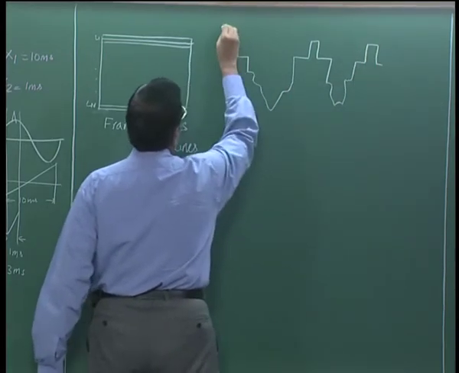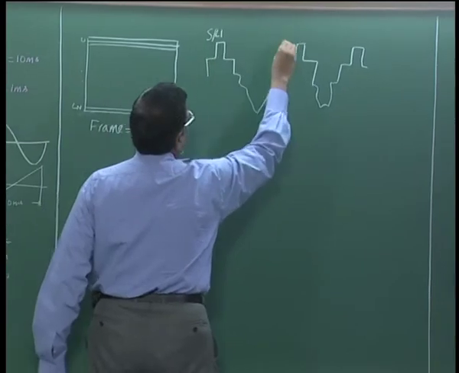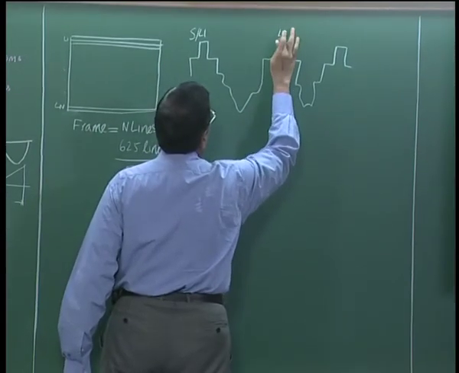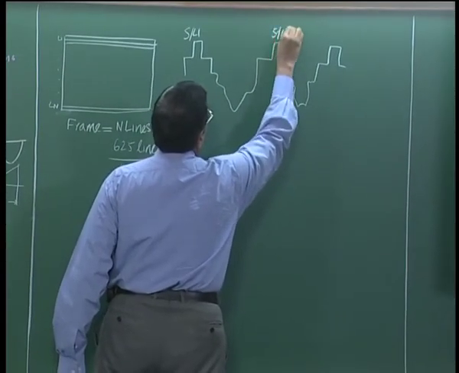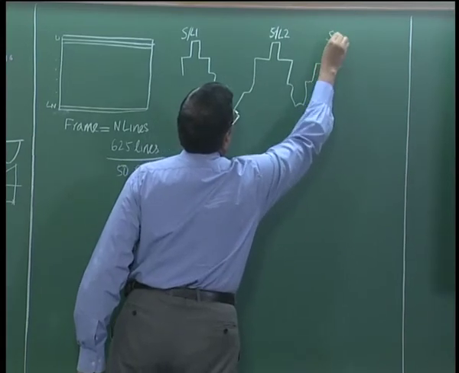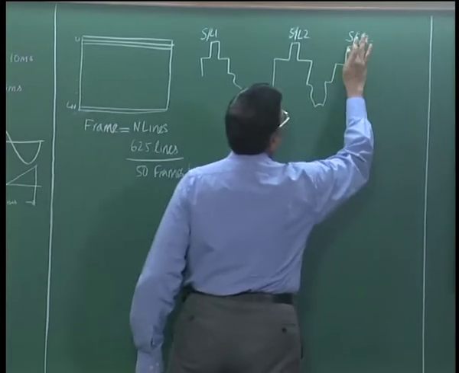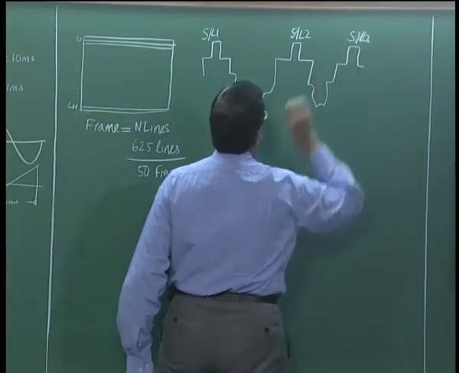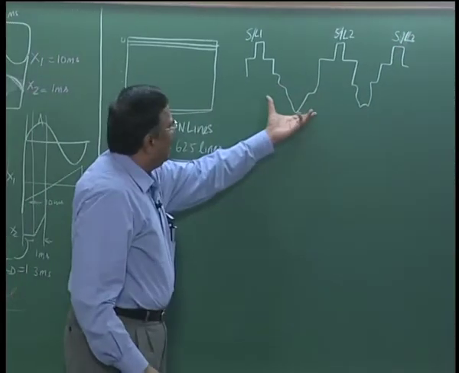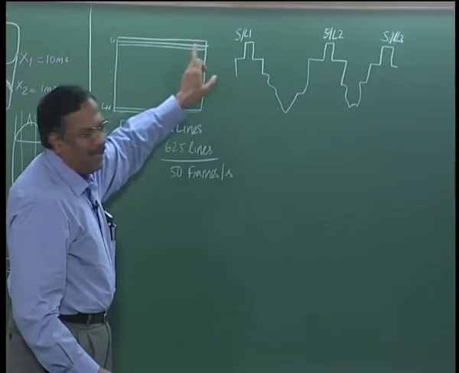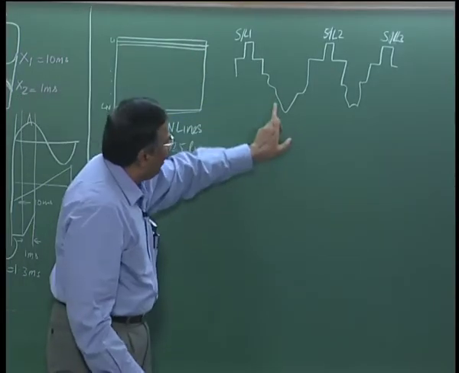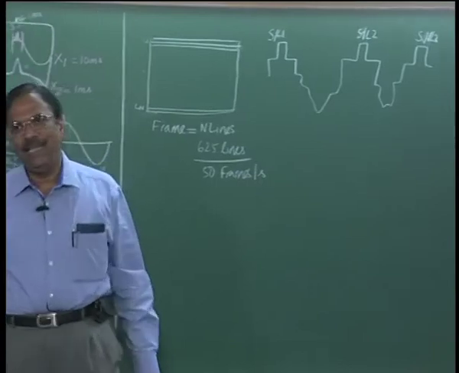Right. So this is start of line 1, this is start of line 2, this is start of line 3 and so on. The intensity of each spot within line 1 would be the analog value.